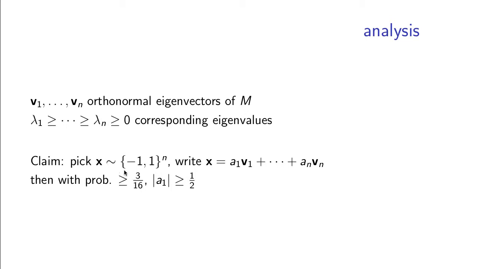So for at least a 3 over 16 fraction of all the plus 1 minus 1 vectors, the component of that random vector parallel to v1 has length at least a half. So let's see why this is true.